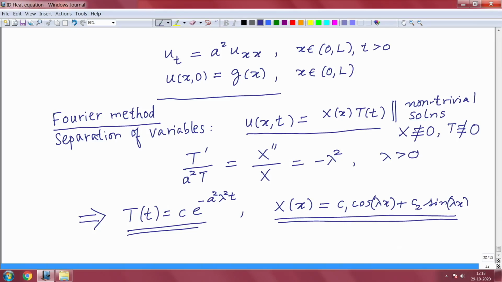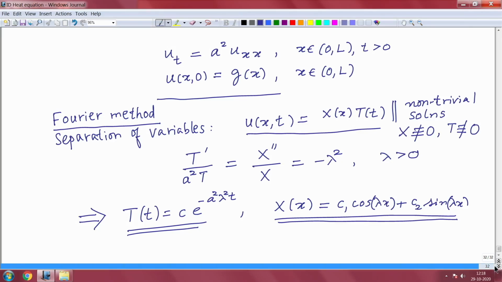If we take C not equal to 0, but here since X has to satisfy appropriate boundary conditions, the choice of C1, C2, at least one of them non-zero, is possible or not, we have to see case by case.